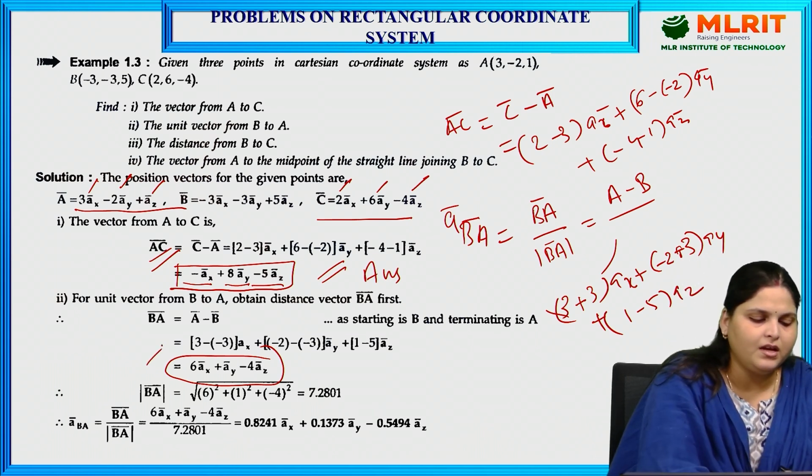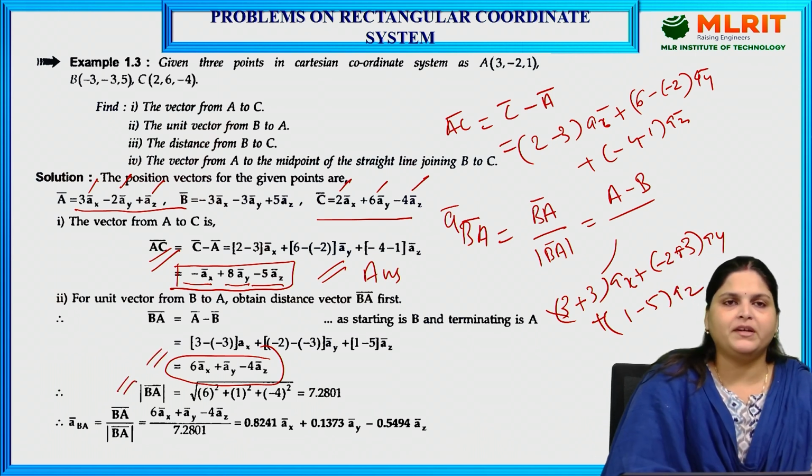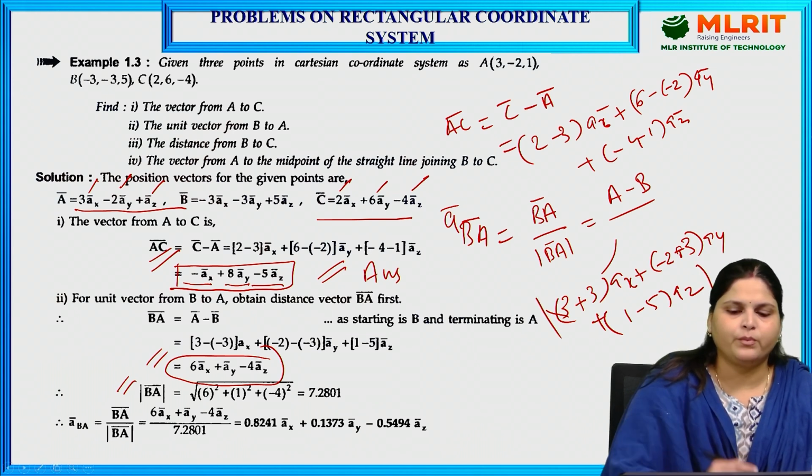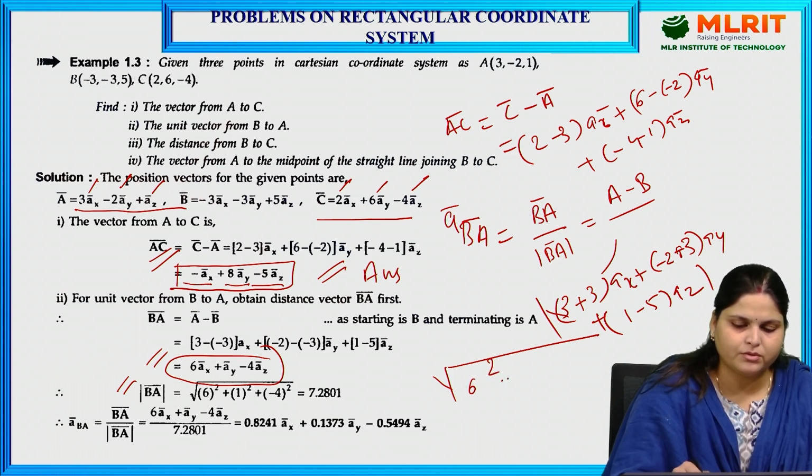Now this is the numerator. Now we can find the denominator also. For the denominator we need to take the mod of this equation. That means we need to take the square root of 6 squared plus 1 squared plus minus 4 squared.